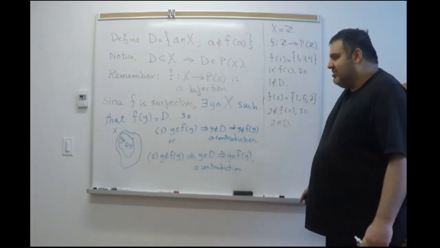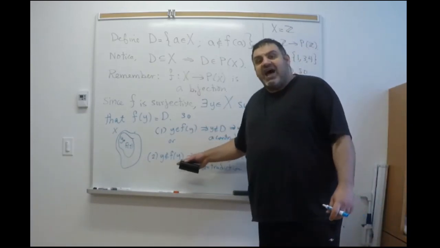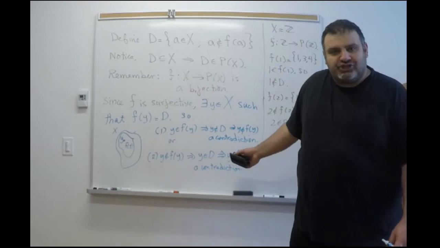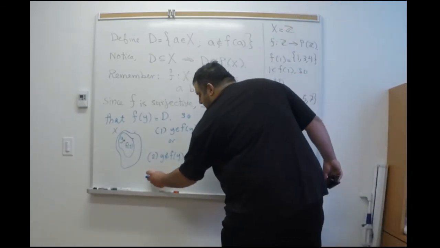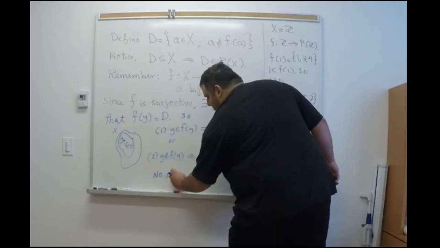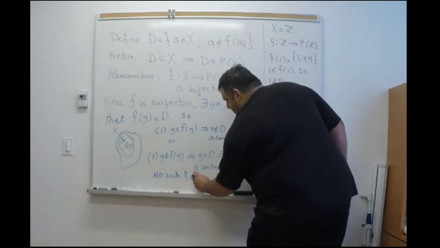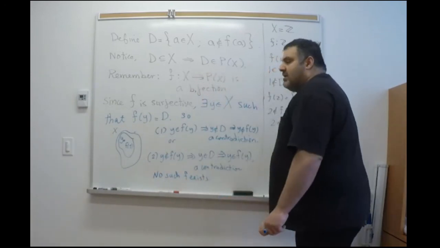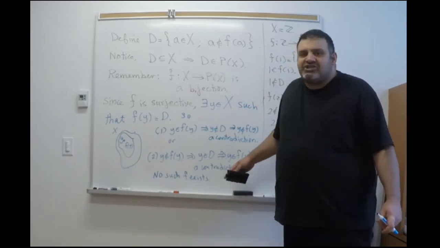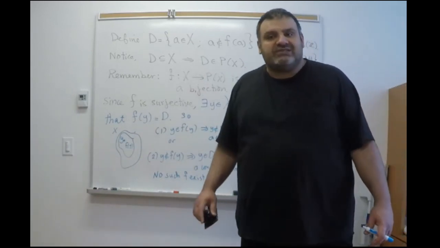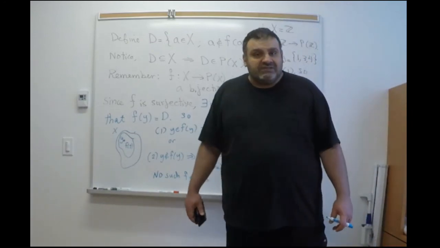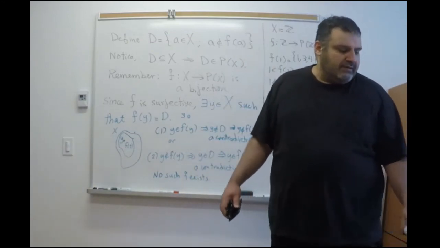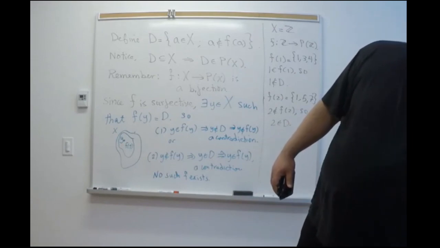In other words, we know one of the two cases has to happen, but they're both giving us a contradiction. And what does that mean? This means no such f exists. In other words, there is no bijection between X and the power set of X, and hence the cardinalities are different.